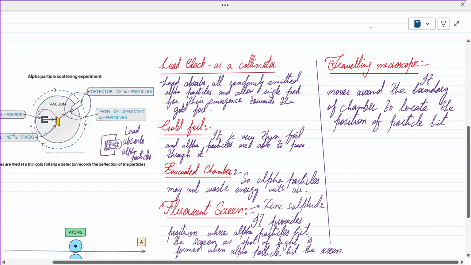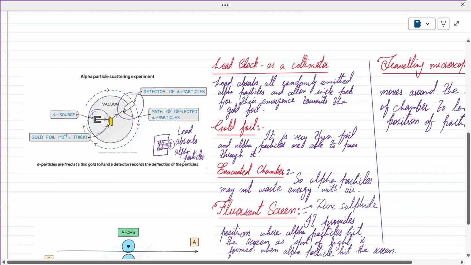So these are the parts of this experiment that were used, and we have discussed why they were used and why they were so important for this purpose.